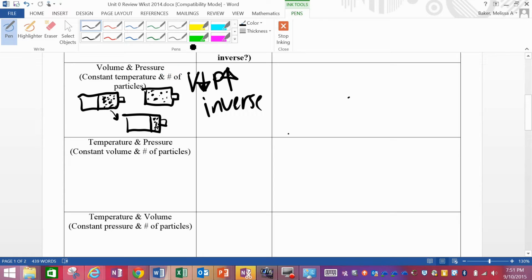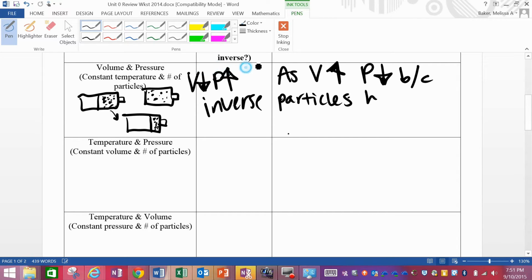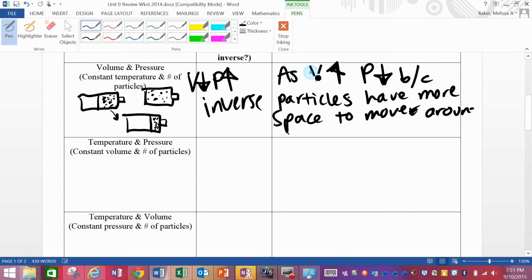I'm going to try and write this out in words too. As volume goes up, pressure goes down because particles have more space to move around, so they collide less.